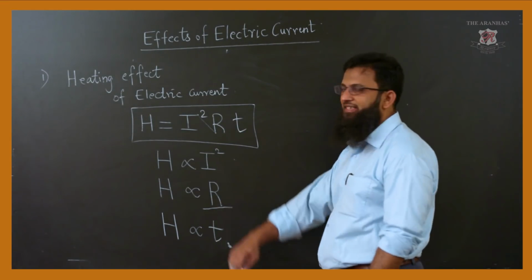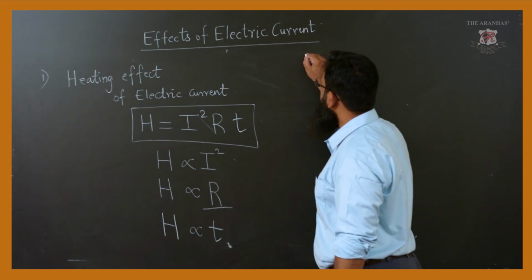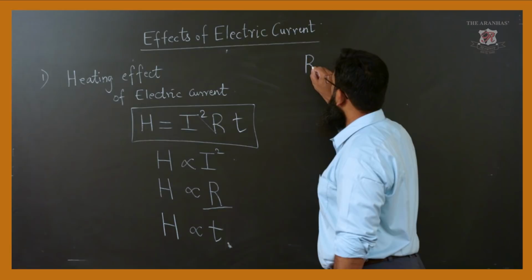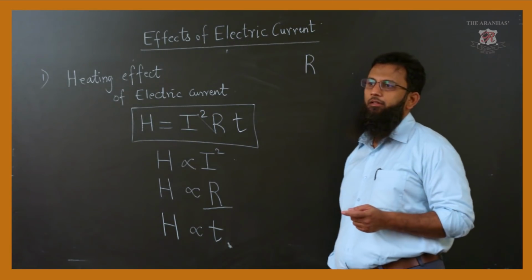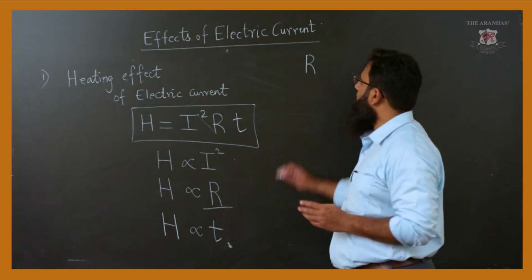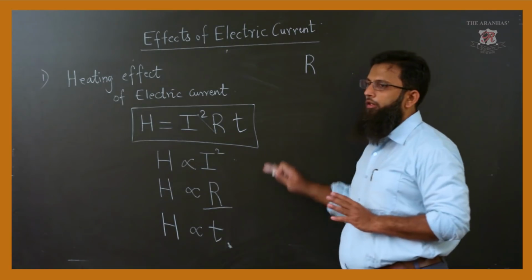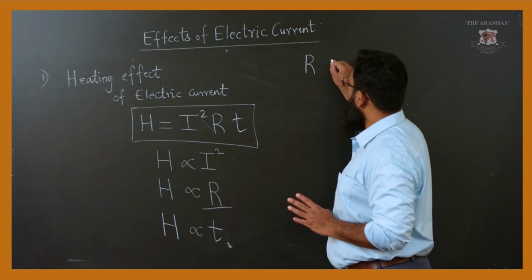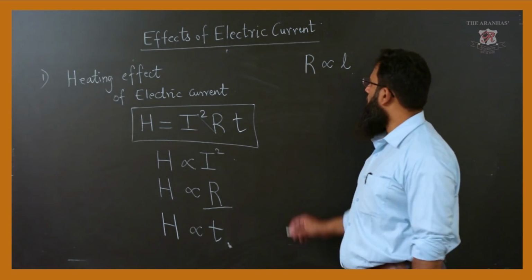In lower classes, let us see one interesting factor. We have seen the resistance of any material depends on a few things. Resistance increases with the length of the conductor, or the material.